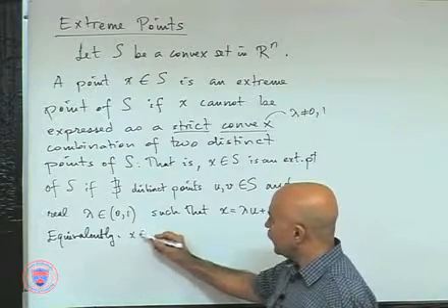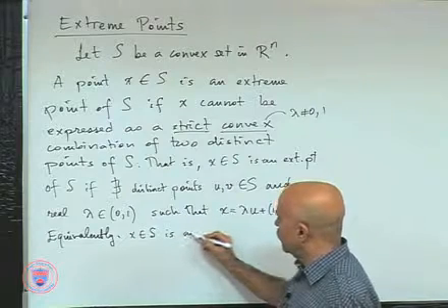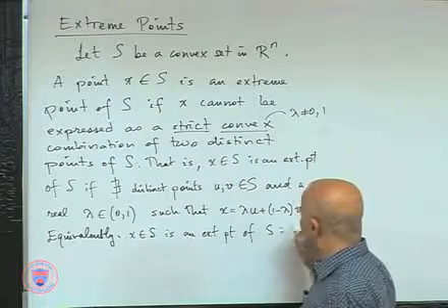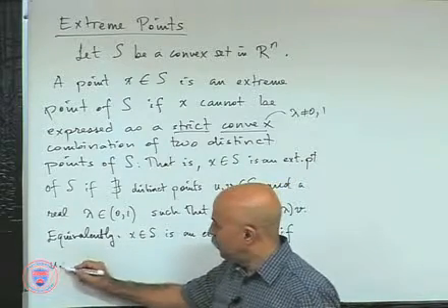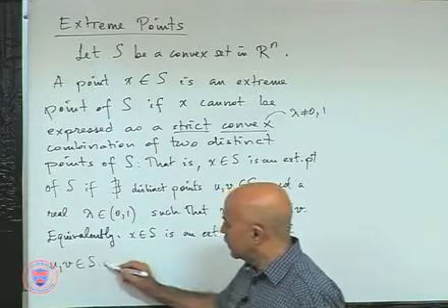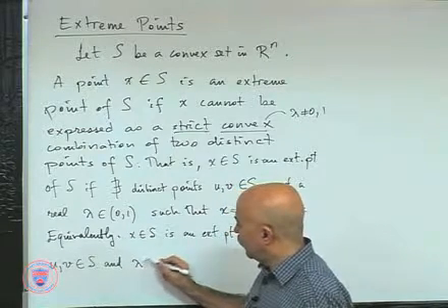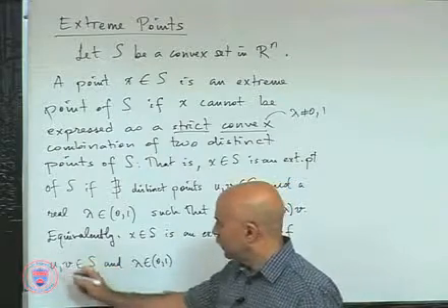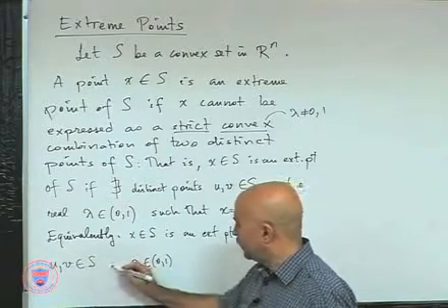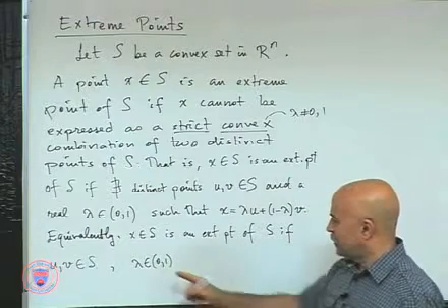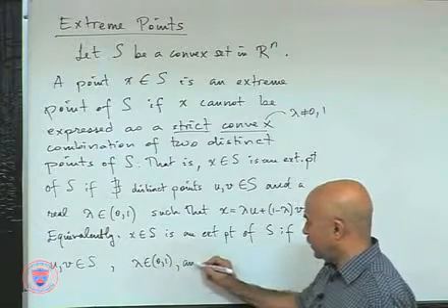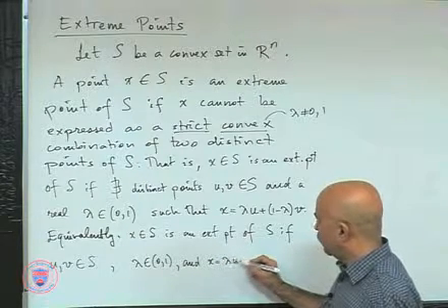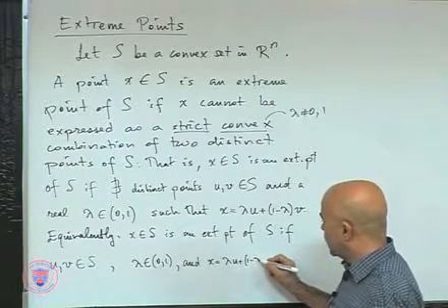Equivalently, X in S is an extreme point of S if U and V in S, lambda in the open interval 0, 1, and X equals lambda U plus 1 minus lambda V.